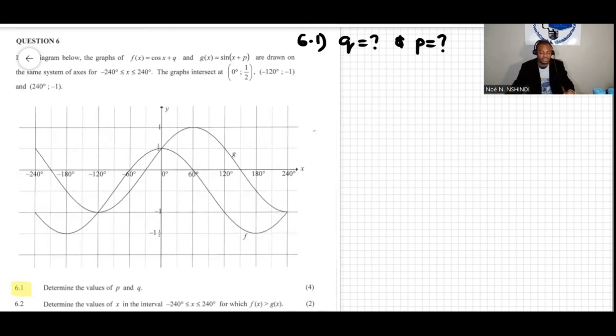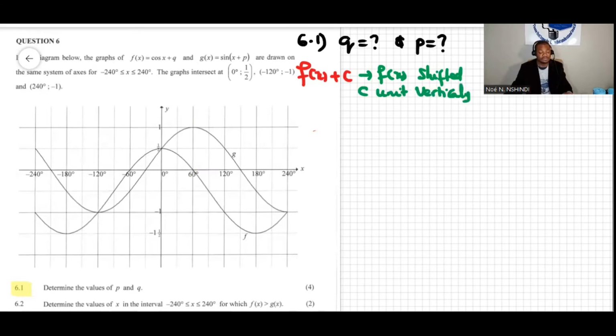So let me first write the definitions. For f of x plus c, when c is outside the bracket, f of x is shifted c units vertically, up or down. It's the same graph of f of x, but shifted c units vertically.